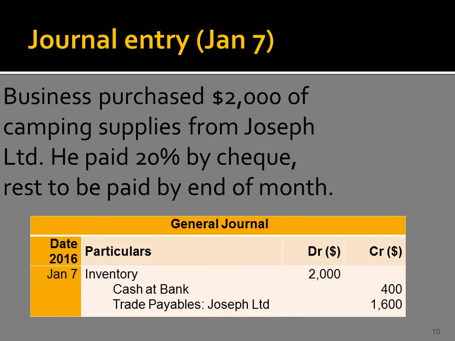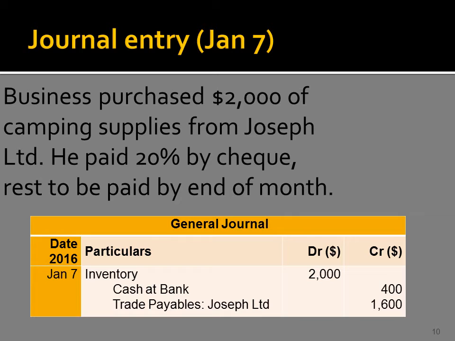Did you get these journal entries? You may also split up inventory into two parts. Instead of combining the 400 and 1600, you can also present the journal entries as follows. You can present it as debit inventory 400, credit cash at bank 400 as the first set.